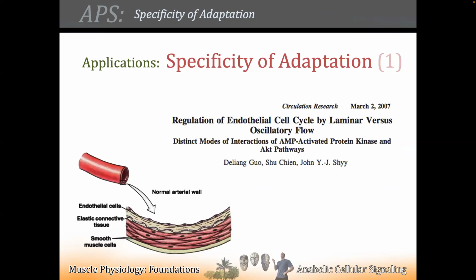Let's take epithelial cells, what we're looking at here. How the blood flows through your vessels matters, right? Whether it's laminar, like smooth flow, or oscillatory, like rough flow, that imposes different mechanical forces, and this results in different biochemical responses.